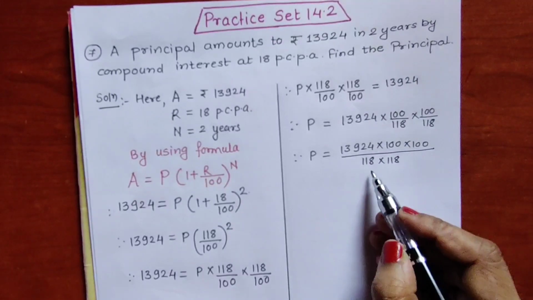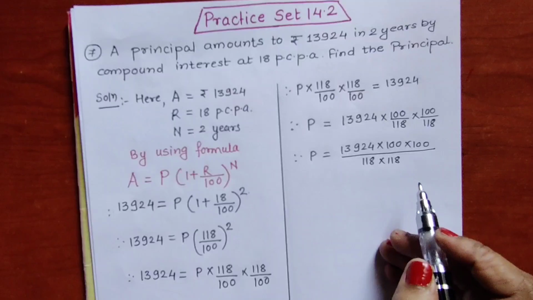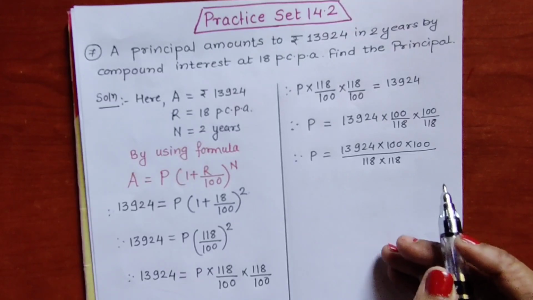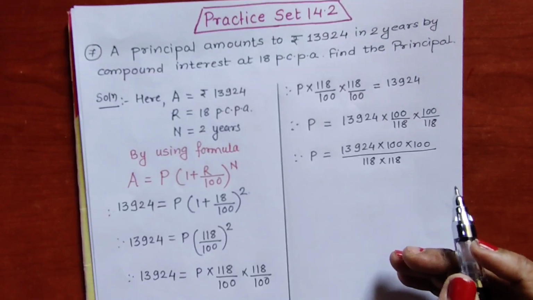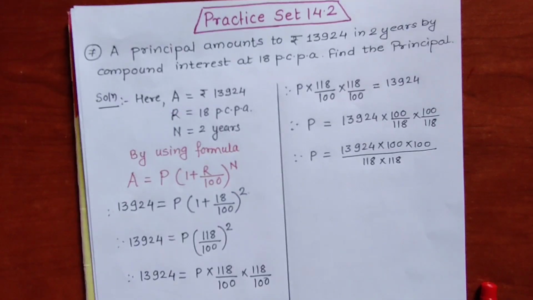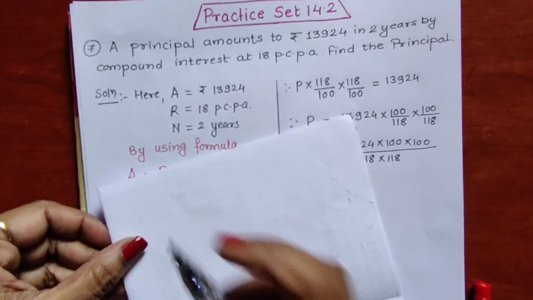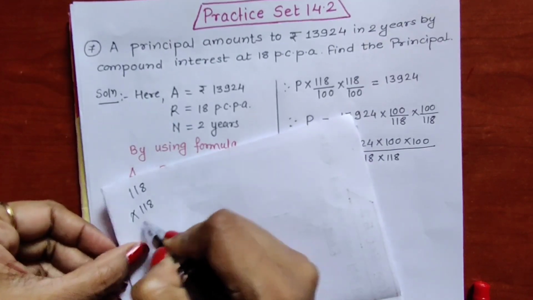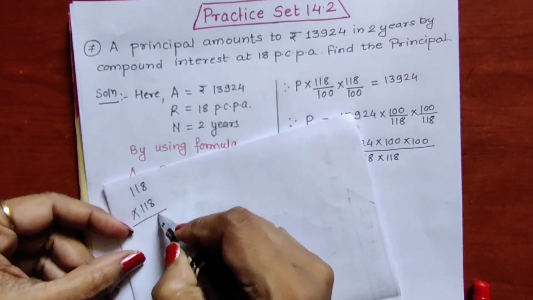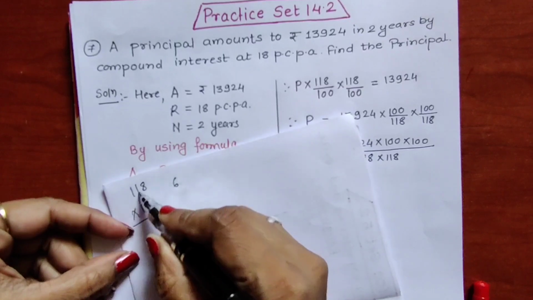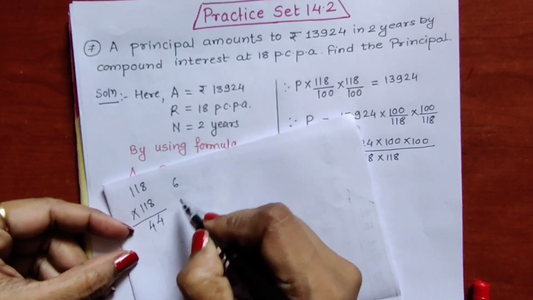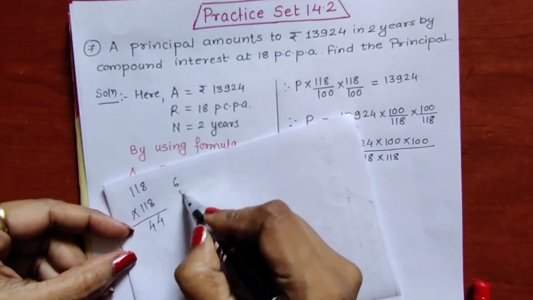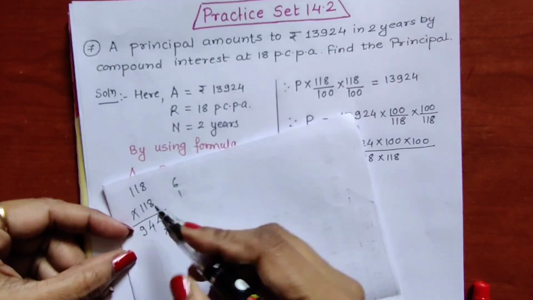Now we will multiply this 118 into 118 and let us see what will be the answer. Let me take my rough page now for multiplication. 118 multiply by 118. 8 8s are 64, 4 written, 6 carrying, 8 1s are 8 plus 6 14, again 1 carrying, 8 1s are 8 plus 1 is 9, 1 cross.